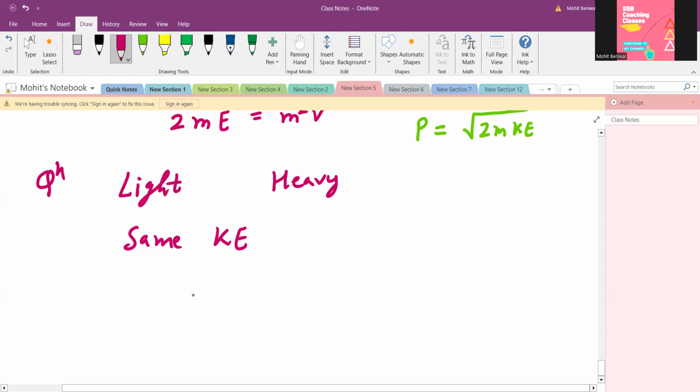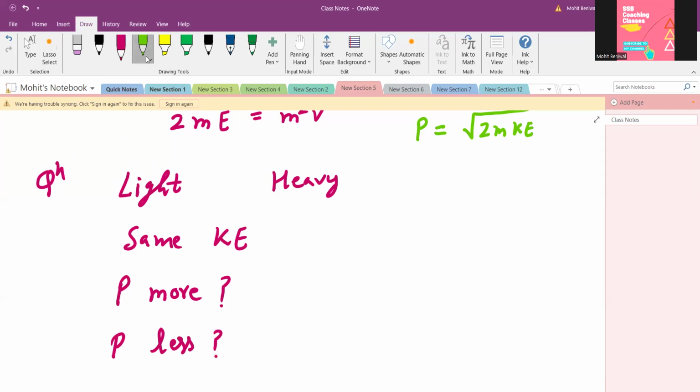Then if I ask whose linear momentum is more, this can be asked. Whose linear momentum is less? This can also be asked. So how can you use this formula?